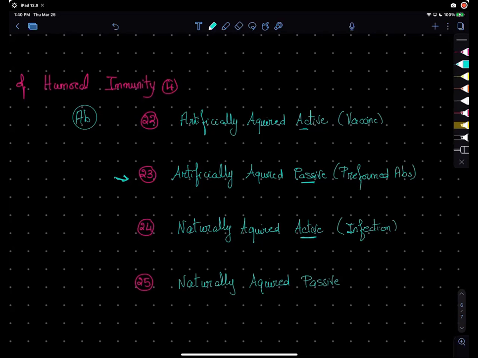IgG, exactly. So during pregnancy, and by lactation, breastfeeding.